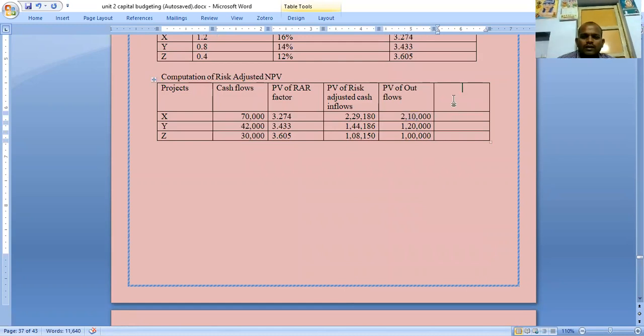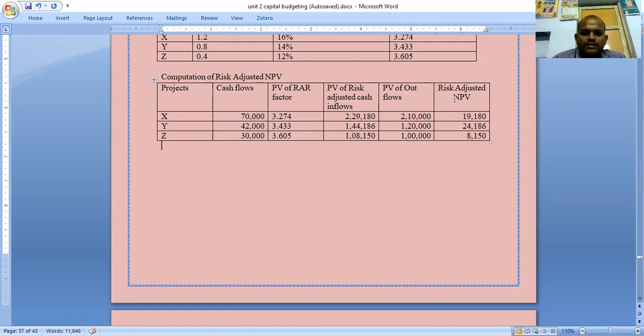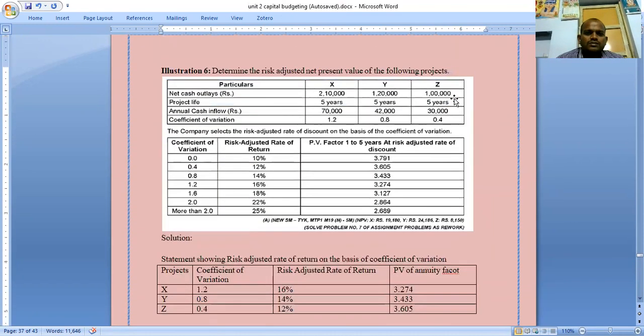Now finally, the risk-adjusted NPV: 19,000, 24,186 and 8,150. So this illustration is also very simple. The only thing is we have to find the link, the coefficient of variation.